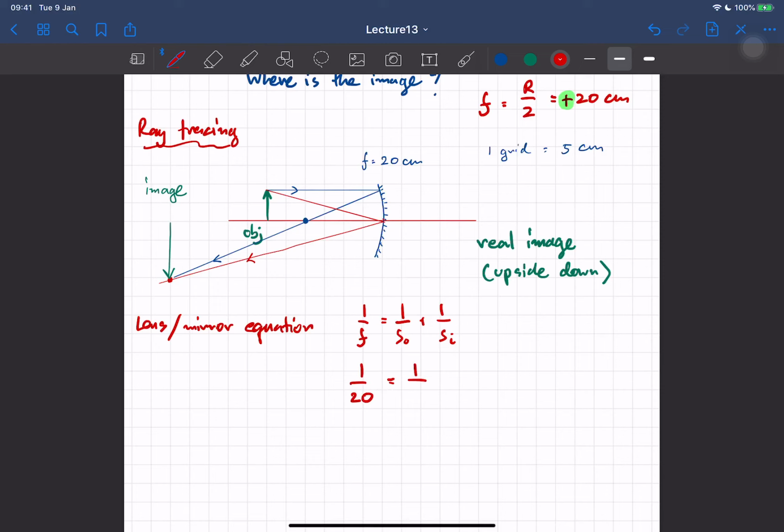The object is 30. So what is Si? Well, 1 over Si is 1 over 20 minus 1 over 30. And let me calculate this quickly. That's gonna be 1 over 60.